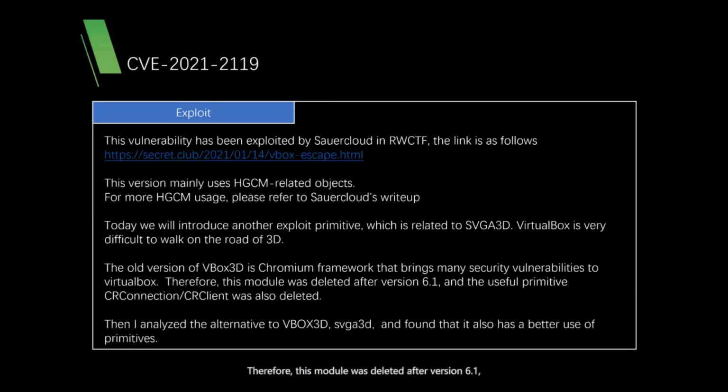Therefore, this module was deleted after version 6.1, and the useful primitives CR connection and CR client were also deleted. Then, I analyzed SVGA3D, which replaces the VBox 3D, and found that it also has a great many useful primitives.